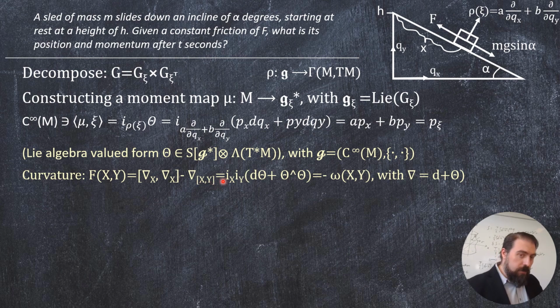And this is just d theta plus theta wedge theta. And this will vanish in this case, but in the case of a more interesting Lie algebra, say for instance the Heisenberg algebra in quantum mechanics, when we replace the Poisson brackets with the commutator, this might not always be vanishing. It's still going to vanish with a really trivial one form such as this.